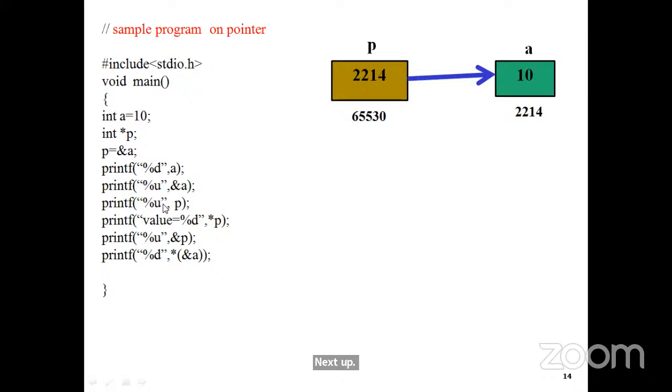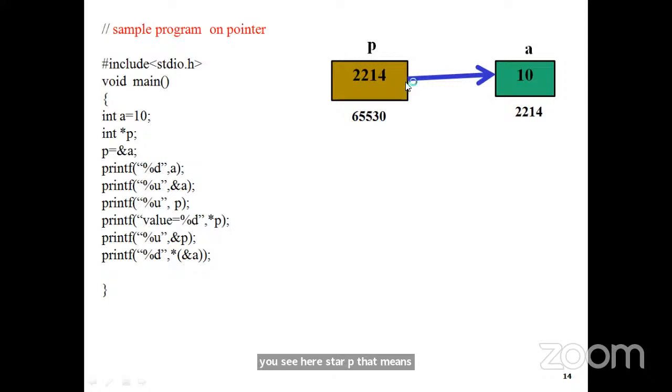Next, this statement. Printf percentile U, comma, P. What is there in P? P is address of A. What is the address of A? 2214 will be printed. And next, printf percentile D of star P. You see here, star P. That means P is pointing.